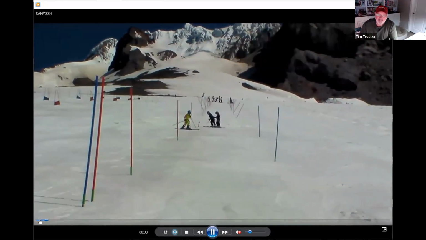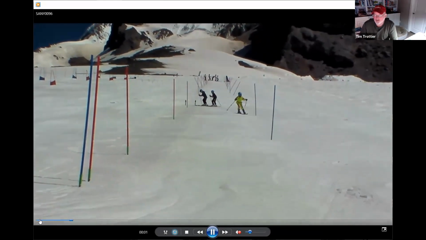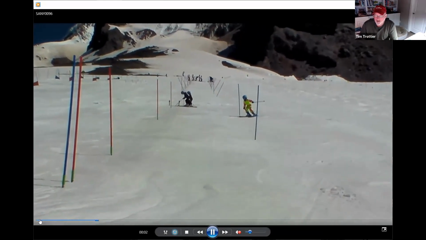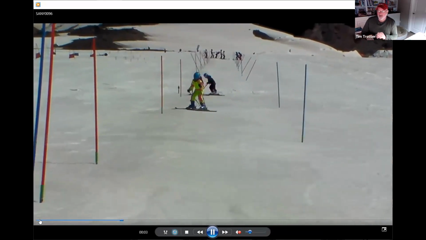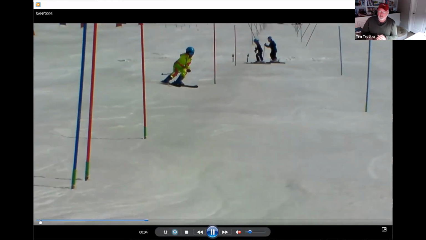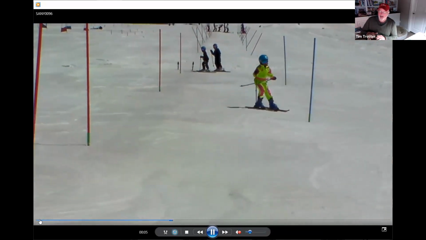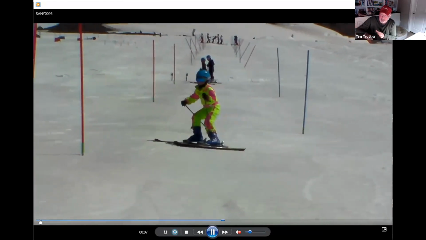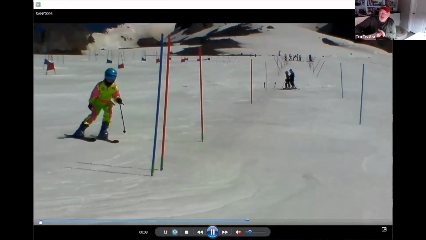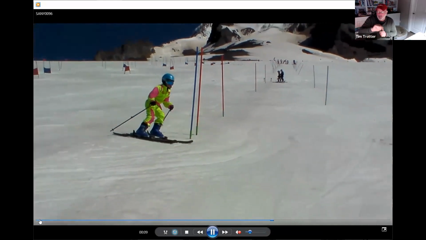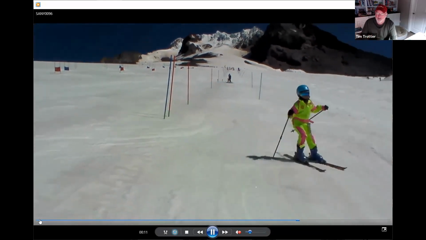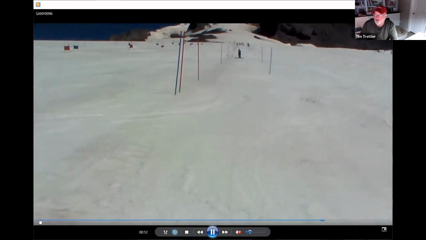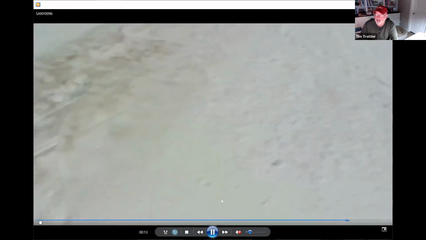And at the transition phase of the turn, I think if this skier exhibited more flexion up and down, more magnitude of pressure on the ski, get that ski tipped in harder, they'd have cleaner, nicer shaped C turns, and better control, less skidding.